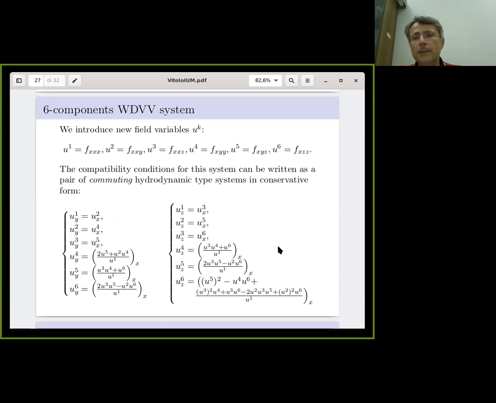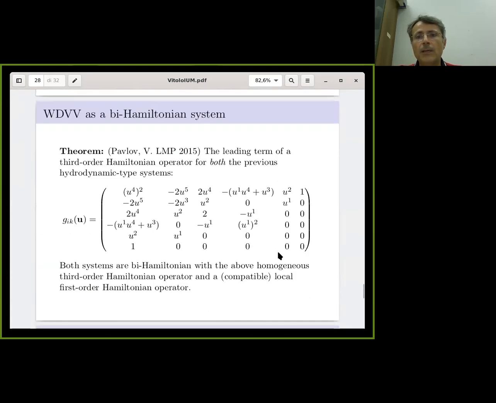What we proved with Maxime some years ago is that both systems admit the same third order operator in canonical form. And here, this is the matrix of the leading coefficient with lower indices.